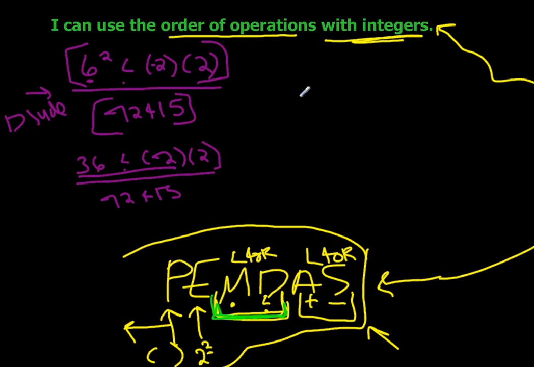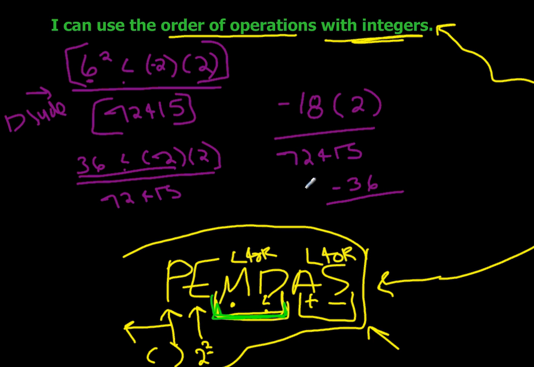Well, 36 divided by 2 is going to give me 18. And since that's negative, it's going to give me negative 18. And then I have times 2 all over negative 12 plus 15. I keep going here. Negative 18 times 2 is going to get me to negative 36 over negative 12 plus 15.